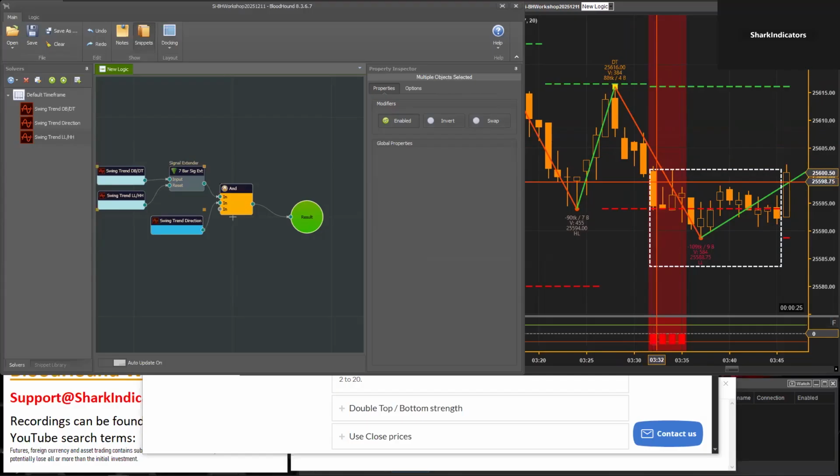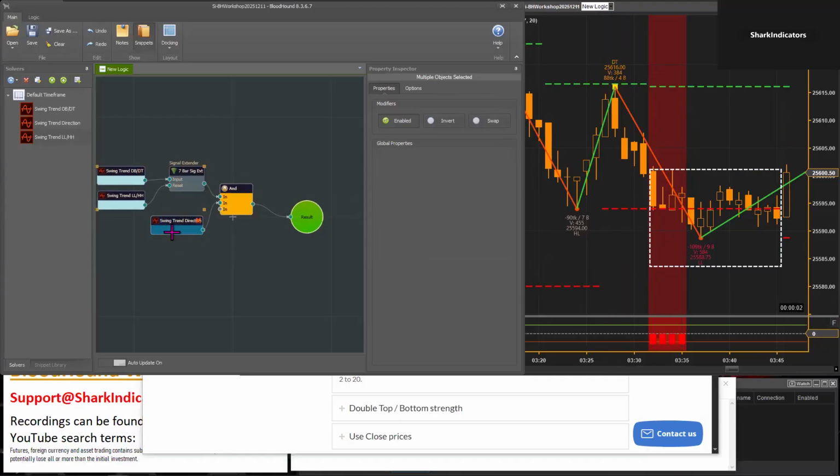It only took 4 bars, not 7, after that double top. So sometimes the swing direction can change much sooner than 7 bars, but 7 bars is the maximum, or 7 bars is when a decision has to be made.